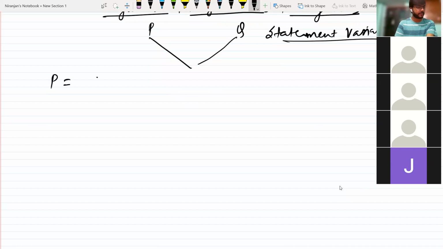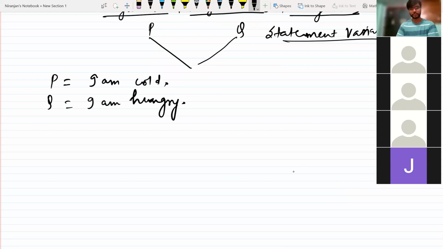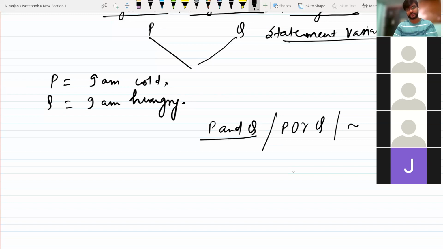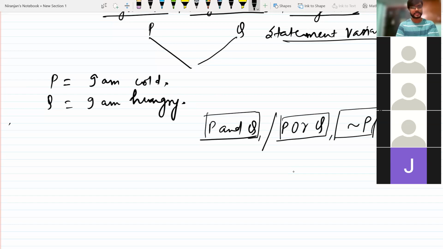So I say I am cold, and I denote this with P. I am hungry, I denote this with Q. When I write P and Q, P or Q, or negation of P, or negation of Q, all these are statement forms.